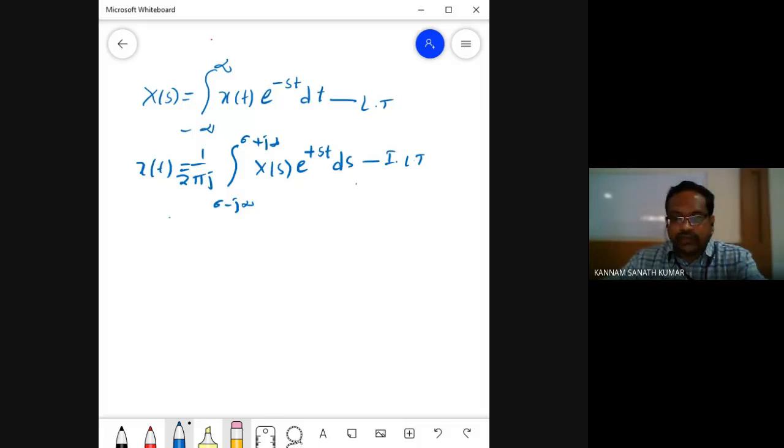Today we will see some properties, the basic properties of the Laplace transform.